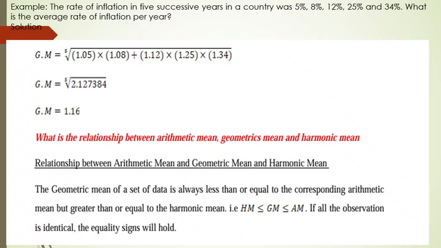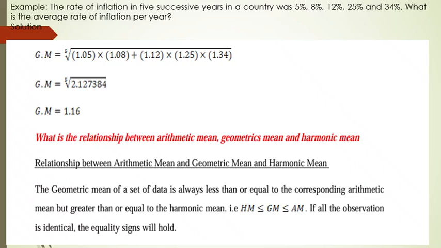For the normal geometric mean, it is the root of n, which is the number of observations, of x1 times x2 up till xn, or we can use x1 x2 x3 up to xn in brackets raised to 1 over n. Instead, we can use either the root or the power of 1 over n.